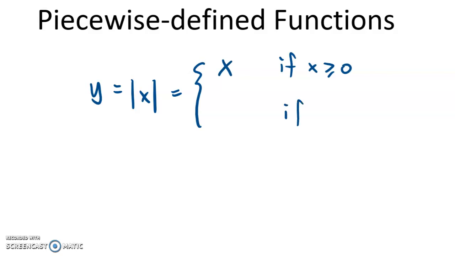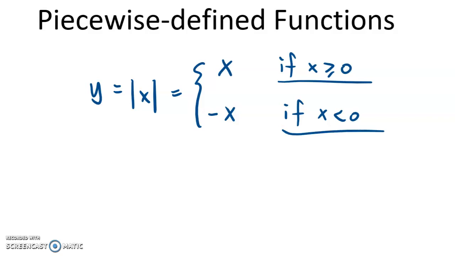But if your x is negative, then the absolute value of x is equal to negative x. So this is a piecewise defined function because you can see we have two pieces of domains, right?